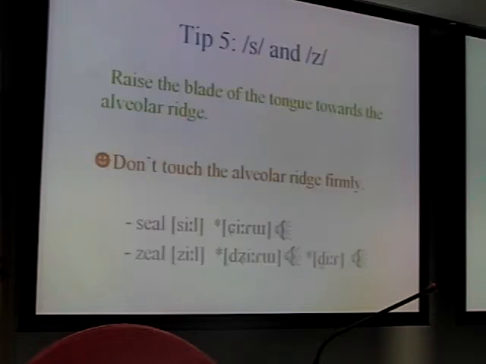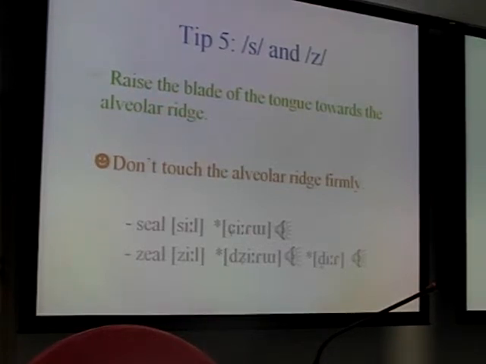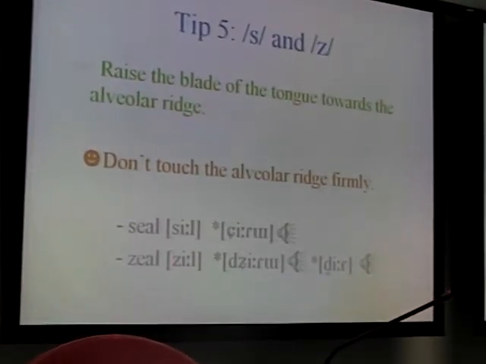And S and Z. So you have both S and Z. So what's the problem? But you do have some problems in pronouncing these sounds. So you have to raise the blade of the tongue towards the alveolar ridge. So I think most of you already know about this.